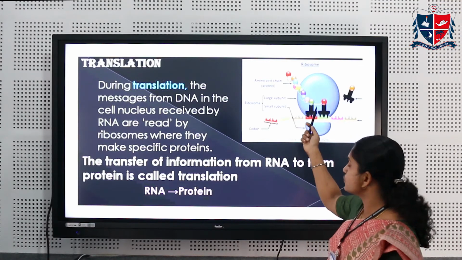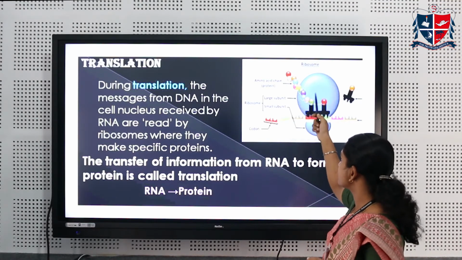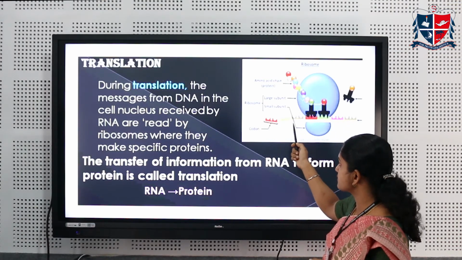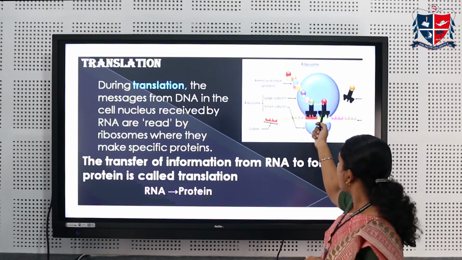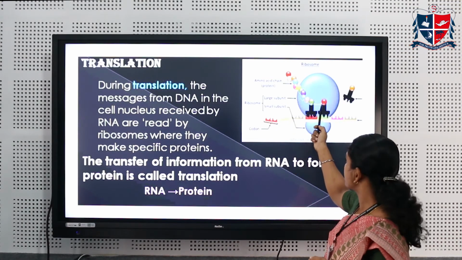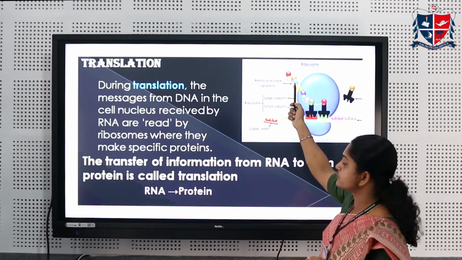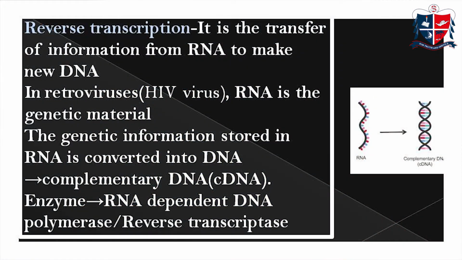In this image, you can see the ribosomes, which are in blue color, and a ribosome reads the information which is present in the mRNA. This is the mRNA strand. As part of the reading of the information, new molecules of amino acids, which form the basis of the proteins, are formed.